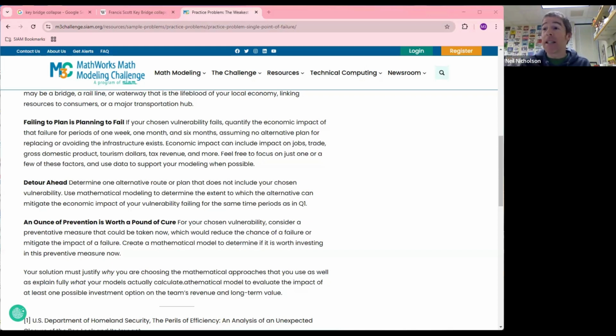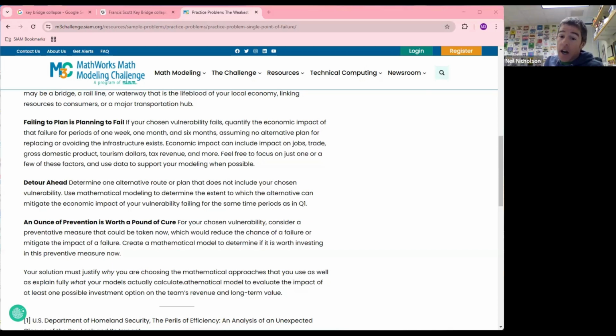Let's think about some specific things. People missing work because of the bridge that's down. If you're on one side of the bridge and for the first week you have to operate remotely, and the second week you're still going to have to operate remotely, the number of people isn't going to change. But if you're quantifying the number of hours of work that becomes remote work, then you're going to multiply that by 4.